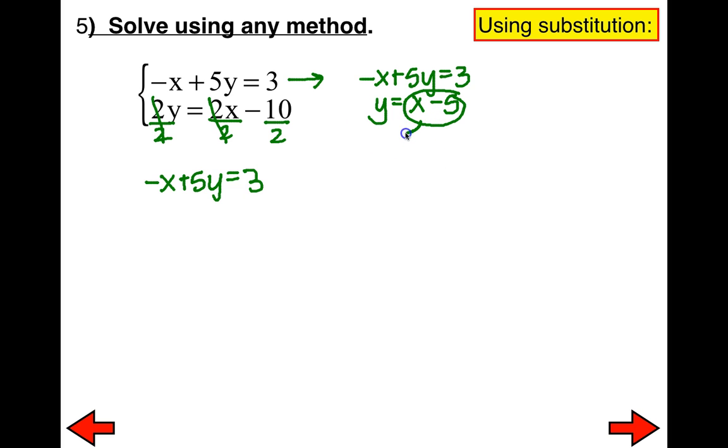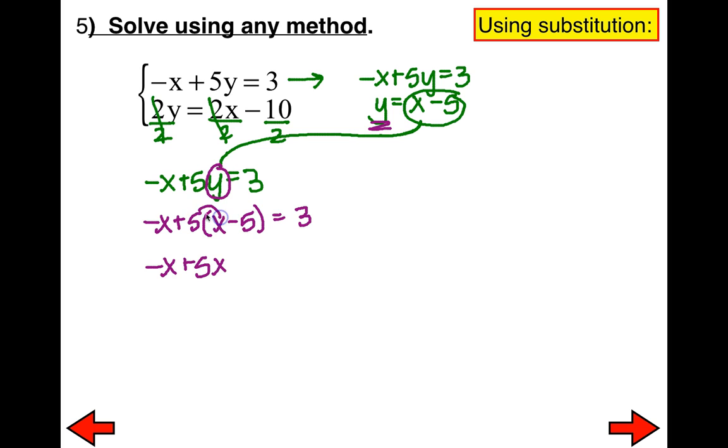I'm going to take this value and substitute it in for y, because it says y equals. So here we have negative x plus 5 times, what is y? x minus 5, and then it's supposed to equal 3. So here we have negative x plus 5x, because I'm distributing, minus 25 equals 3.